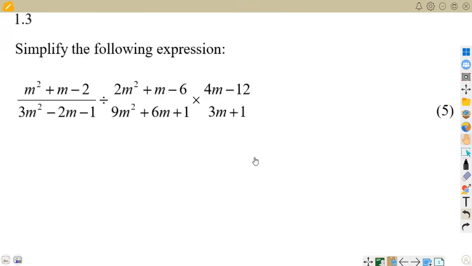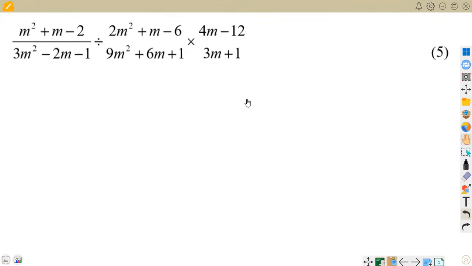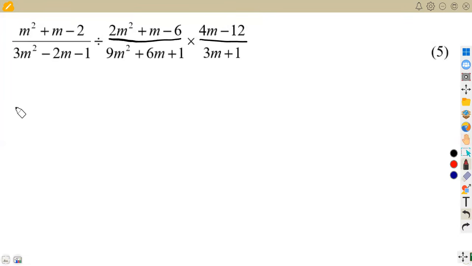Can we just try to discuss this one as we finish up? Simplify the following again. So what can we do here? There's a division here, and also I've got a division there. As we said, whenever you see a question that has division and multiplication, the first thing, just check to change everything to be under what?